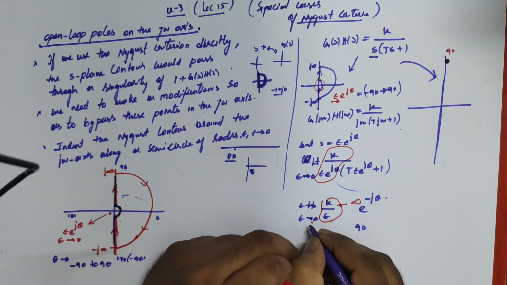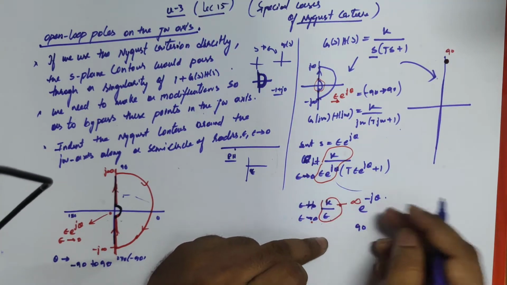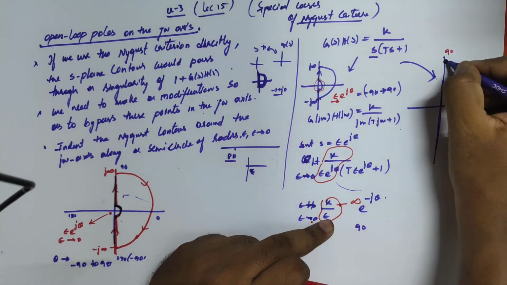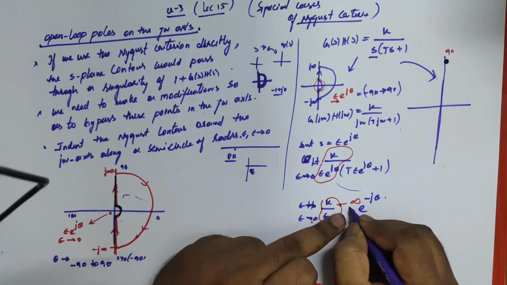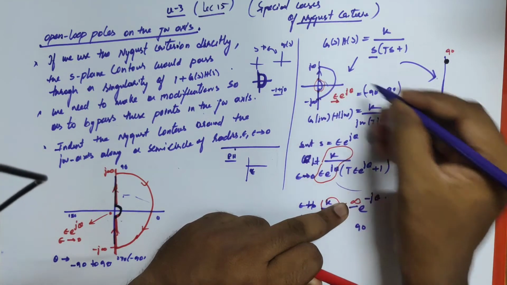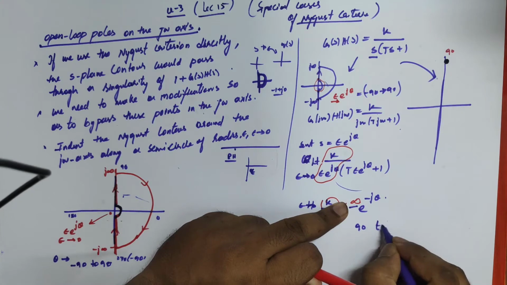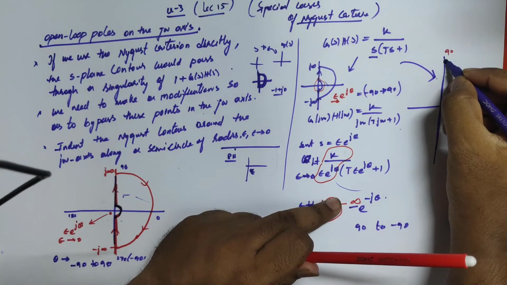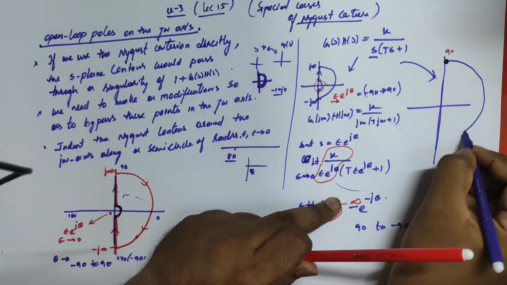So if epsilon tends to 0, the value will always be infinite, but the angle varies from minus 90 to plus 90. That means here my angle is varied from plus 90 to minus 90, and I will obtain the Nyquist plane mapping like this.